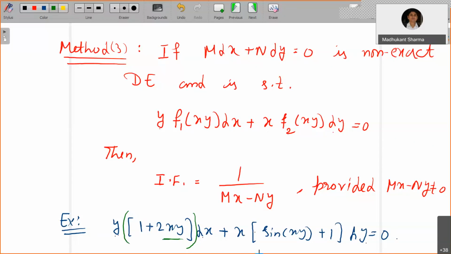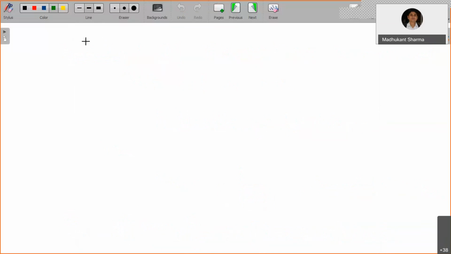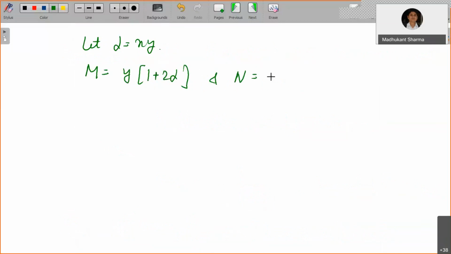How would you verify that it's a function of x into y or not? Replace x into y by d. So let d equal x into y. This implies M is equal to y into 1 plus 2d, and N is equal to x into sine d plus 2.